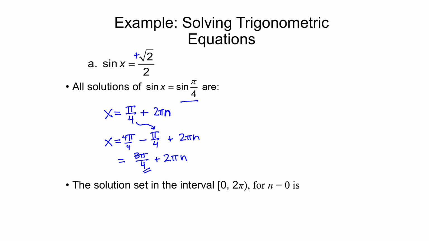And when we add the 2 pi n to it, we're basically showing all the solutions, the infinite solutions that there are. Now, if we were just listing the solutions in an interval from 0, including 0, all the way up to 2 pi, not including 2 pi because that would just give us a replication of 0, right? 0 and 2 pi are on the same spot. We go to 2 pi, we're here again as well. So we include 0, we don't include 2 pi.